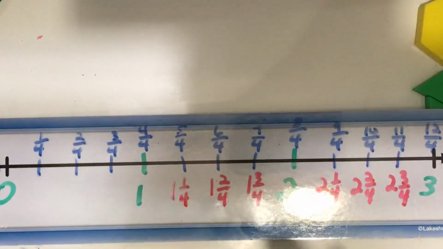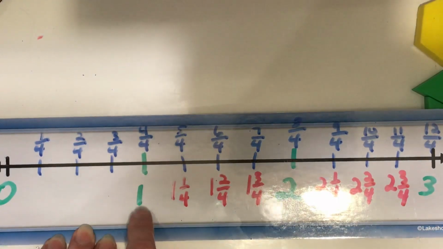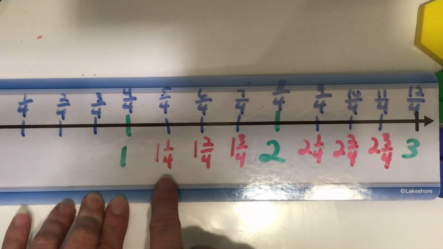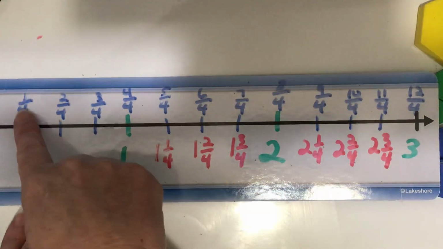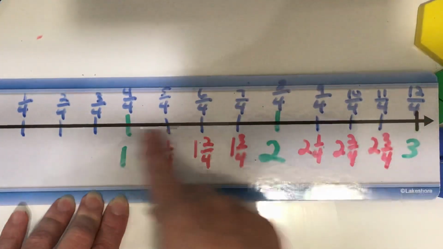We have another number line here with fourths, counting by fourths from 0 to 3. Okay, so here are my whole numbers, 1, 2, 3, they're written in green. Then I have my mixed numbers written in red, and I have my improper fractions, they start with proper and then go to improper fractions on top in blue.